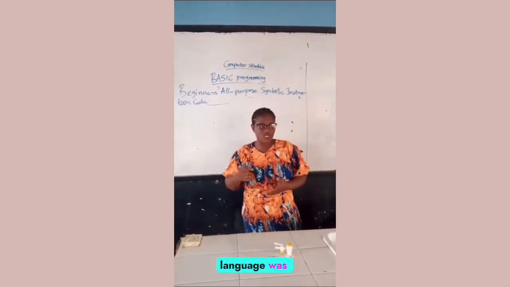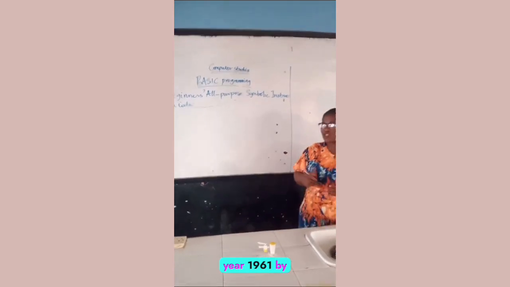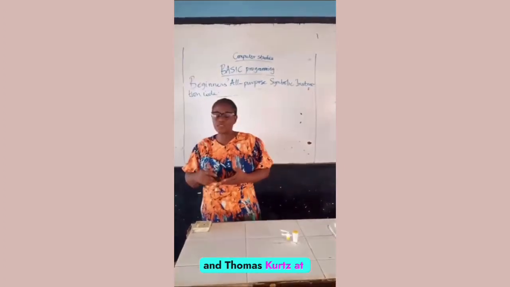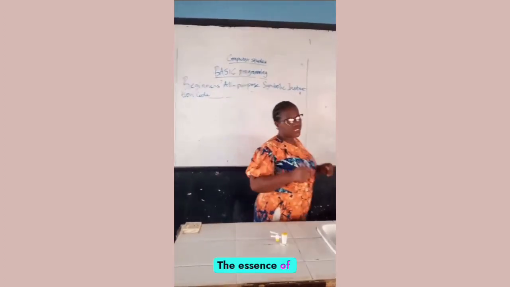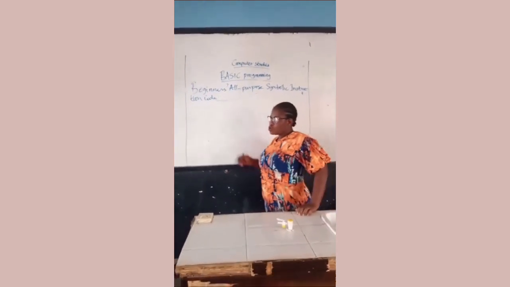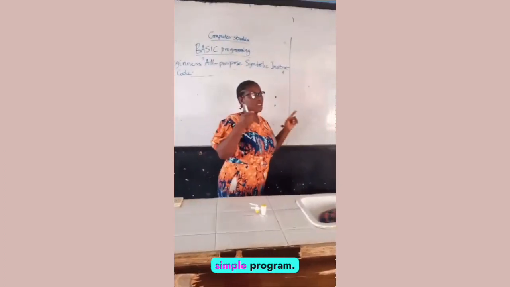This programming language was developed in the year 1961 by 2 good programmers named John Kemeny and Thomas Kurtz at Dartmouth College, USA. The essence of BASIC language is for beginners like you to have a knowledge of how to write a simple program.